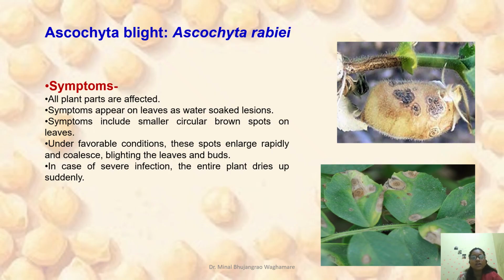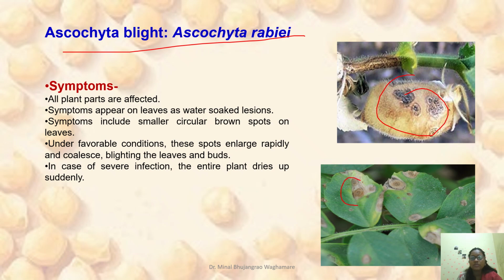Coming to the next disease, Ascochyta blight, that is Ascochyta rabiei. In this, all plant parts are affected, but mainly water-soaked lesions will form, and the symptom shows as small circular brown spots on the leaves.